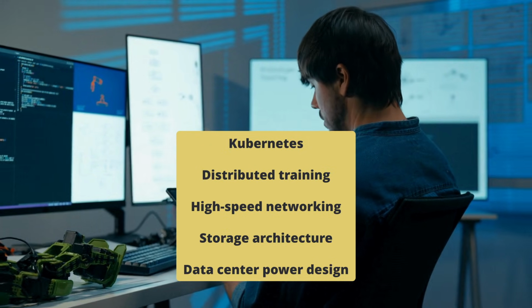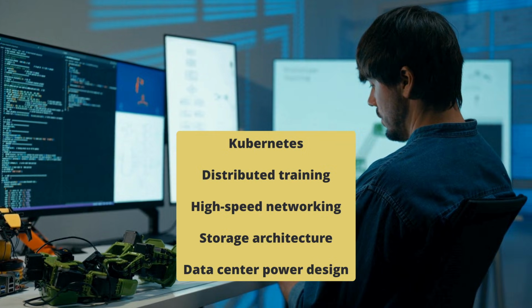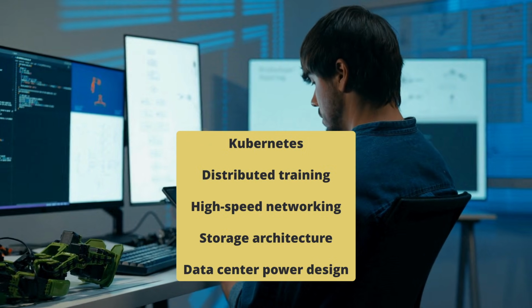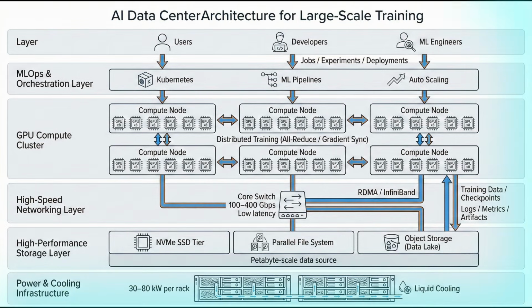Because AI is no longer just about models, it is about infrastructure at scale. So in my understanding, AI models don't just run in the cloud magically. Behind every large model is a carefully designed AI data center architecture like this one. And now you understand how it works.